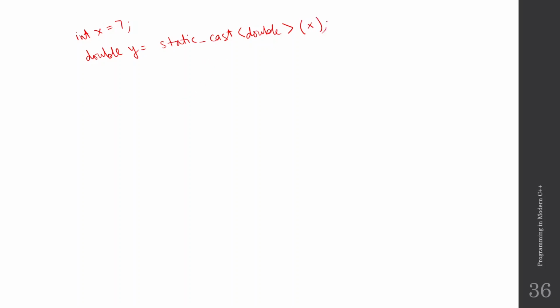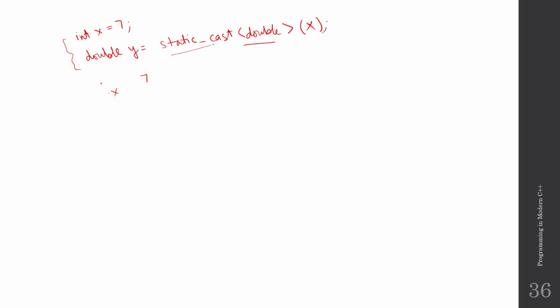Let's say we have written these two lines. After the lines are run, I can still use x. If I print x, I will get 7, and x will be an integer variable. So even though it has been cast to a double, how does this work?